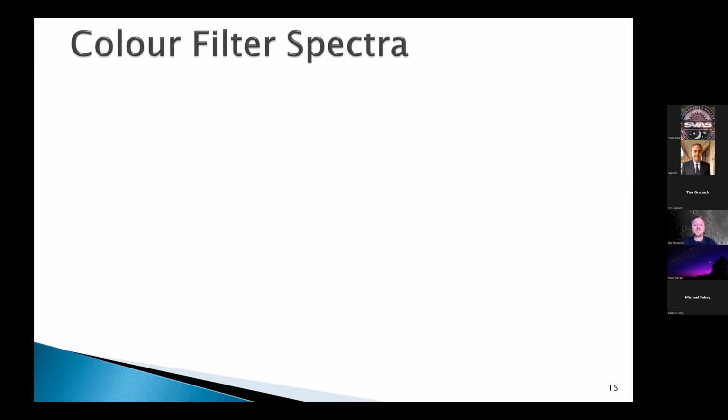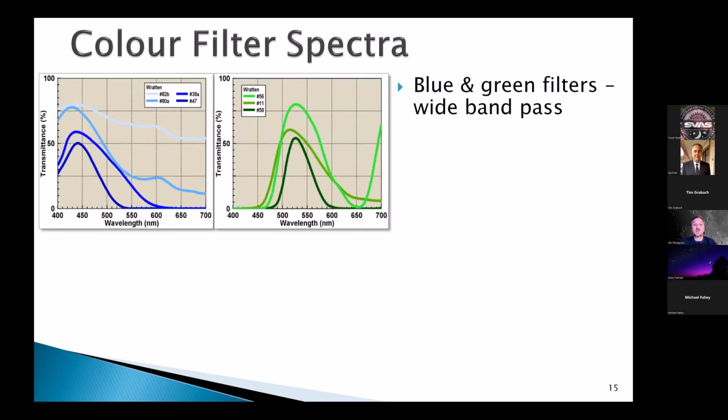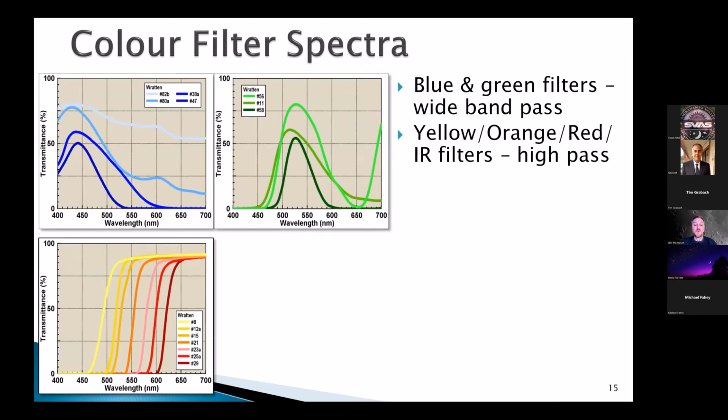Now that we have some filter lingo under our belt, let's look at some actual filter spectra, starting with absorption type filters. Blue and green filters all tend to be wide bandpass filters. Yellows, oranges, reds, and infrareds are all high pass filters.